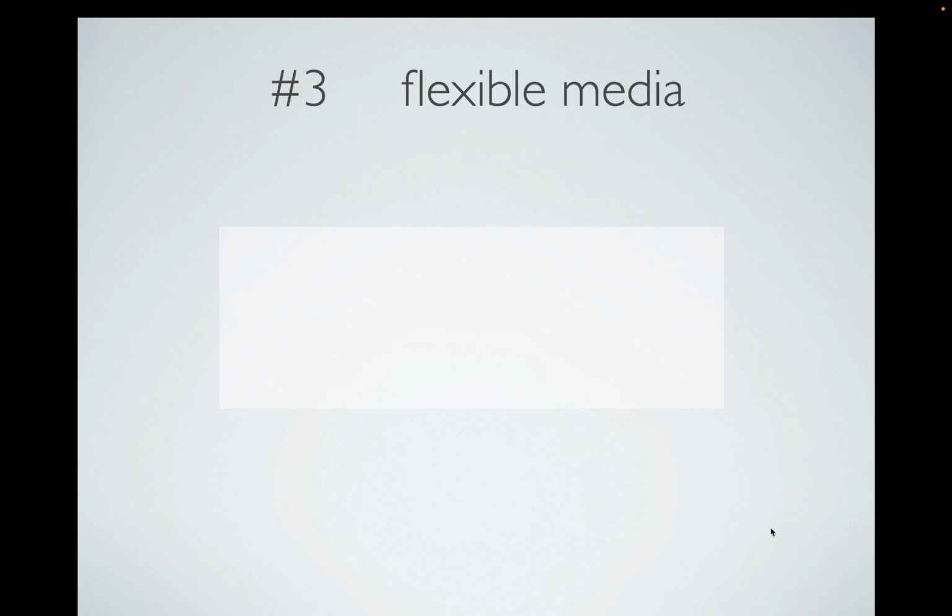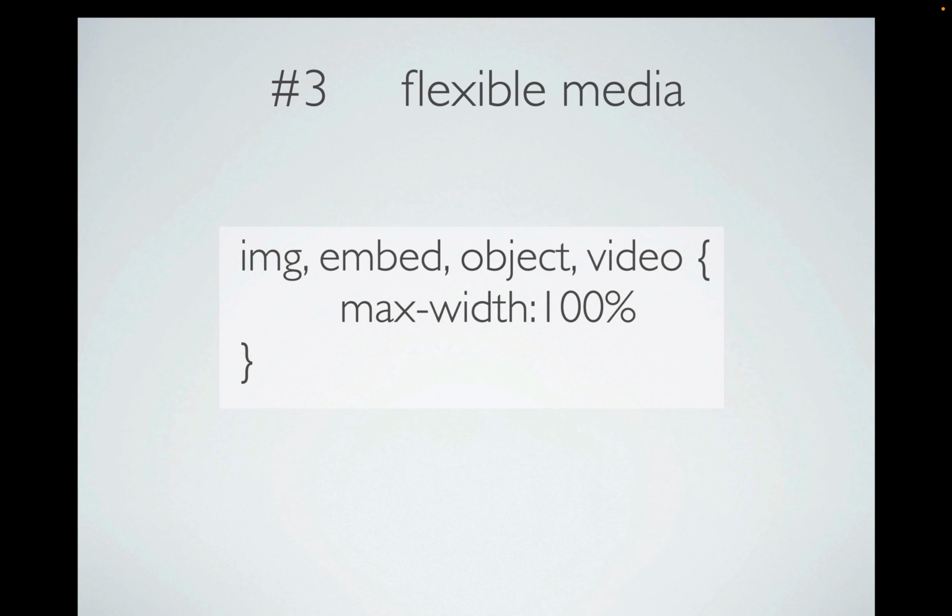And number 3, so this is the icing on top. On one level, this first bit, you should always do this. And you've seen me do this. Images, just look at images for now. Images, IMG, should always have a max width of 100%. Images have an intrinsic size that is like pixelated, rasterized images, JPGs, PNGs, GIFs.